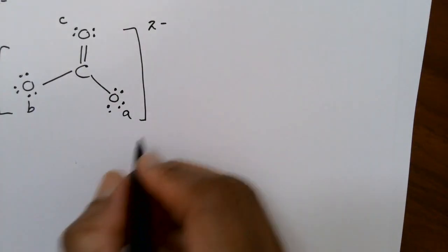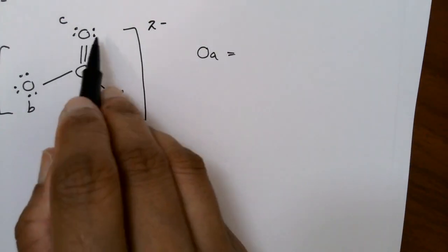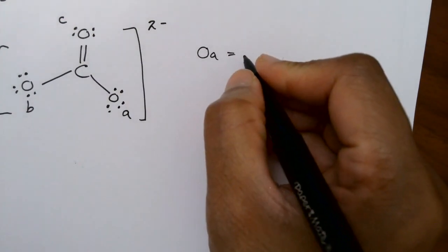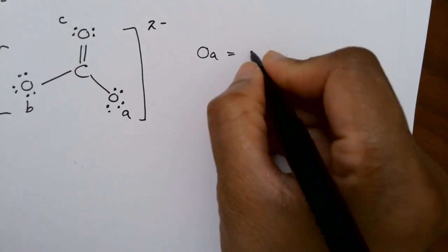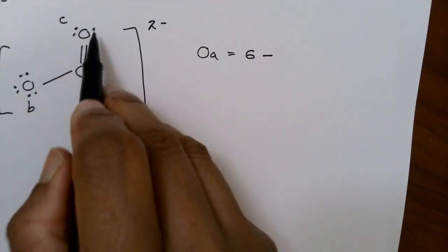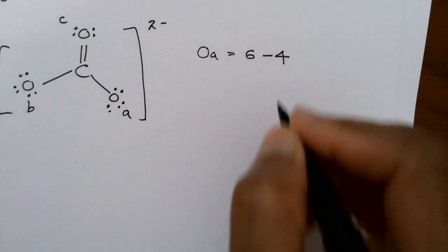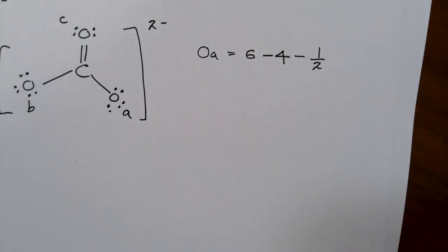So oxygen C, formal charge is the number of valence electrons for oxygen. Oxygen is in group 6. Group number is equal to the number of valence electrons. So 6 minus the number of lone pair electrons on the oxygen. So there are 4 lone pair electrons, minus half times the number of bonding electrons.